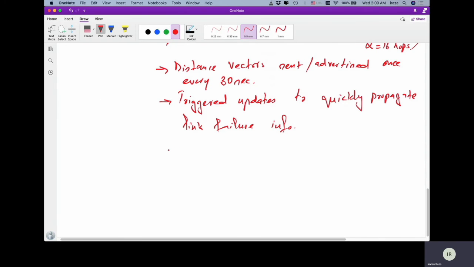These distance vector updates, or the distance vectors, are sent using User Datagram Protocol, right? And if there are no advertisements heard from a neighbor in 180 seconds, this means the neighbor or the link is declared down, right?